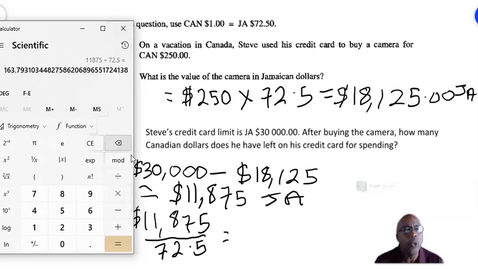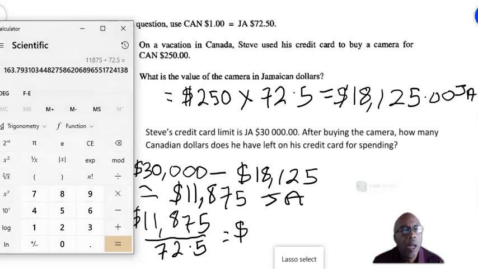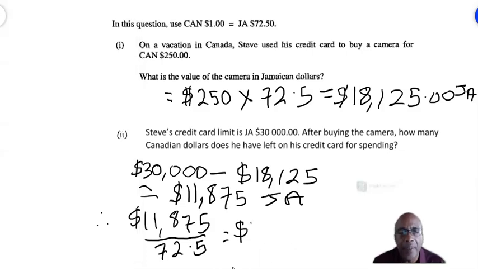You remember, bring it to two decimal places because we're dealing in dollars and cents. So the answer is $163.79. And that is Canadian dollars. So that is exchange rates.